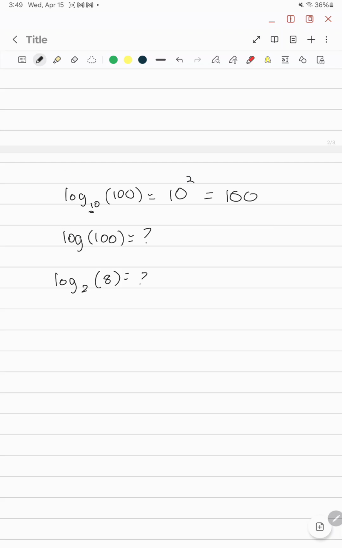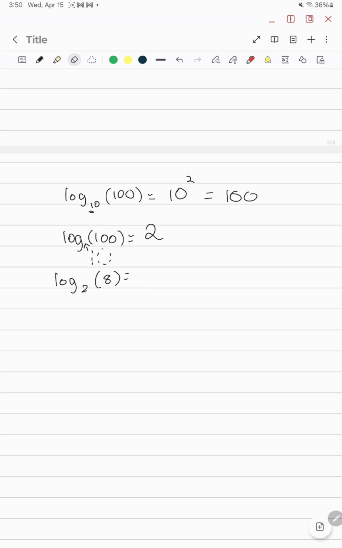We have log 100 equals question mark, but we don't have a base. When you have a problem like this, you can just assume that you have a magical 10. Because when there's no base at the base of the log, you can assume that it's just going to be 10. So this answer would also be 2.